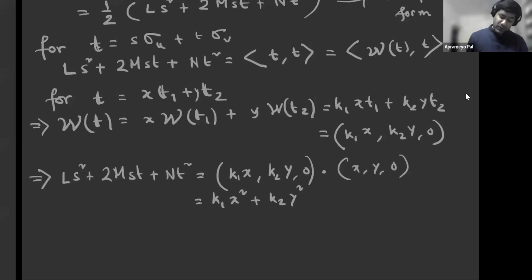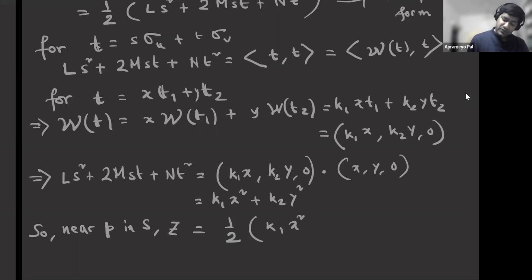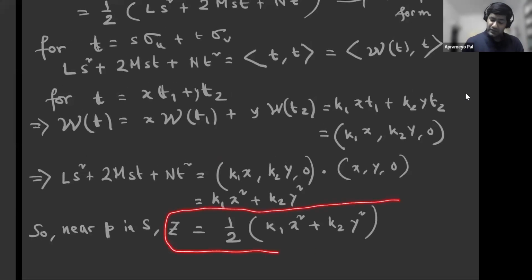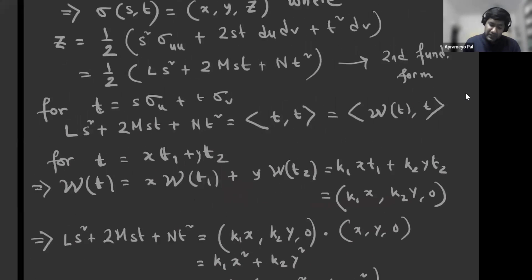So finally, near P in S, z is approximated by half of (kappa1 x square plus kappa2 y square). That's my parametrization.